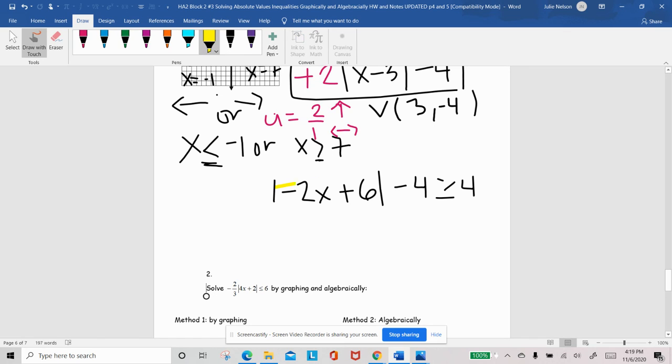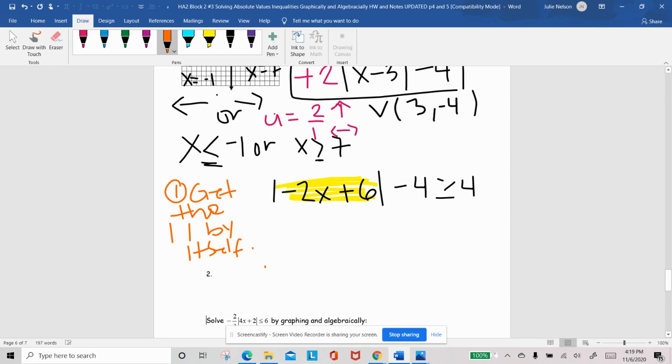So just like we did in class, when it came to solving, the first thing that you want to do is isolate. You want to get the absolute value by itself. Whatever's adding or subtracting, you want to get rid of first. Whatever's multiplying or dividing, you want to get rid of second.